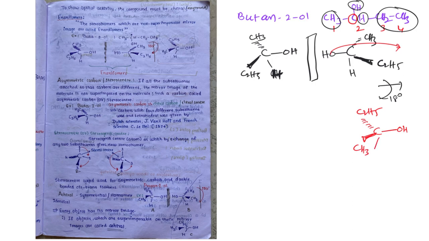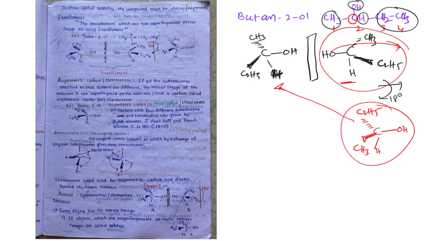With a model you can understand; normally it is somewhat difficult. Take this one molecule and place it on the first one, it is not superimposable.